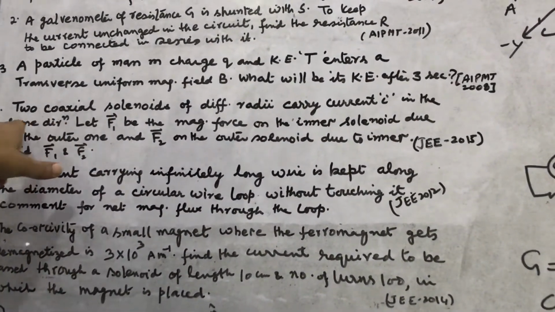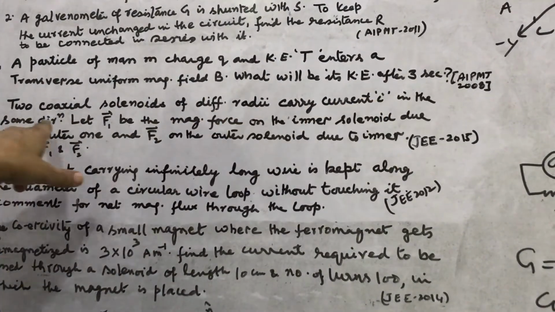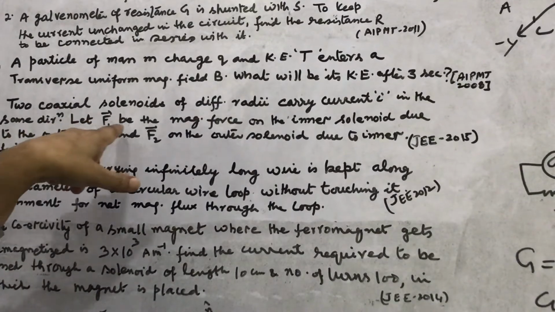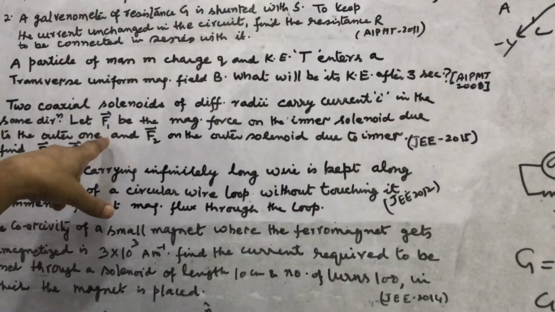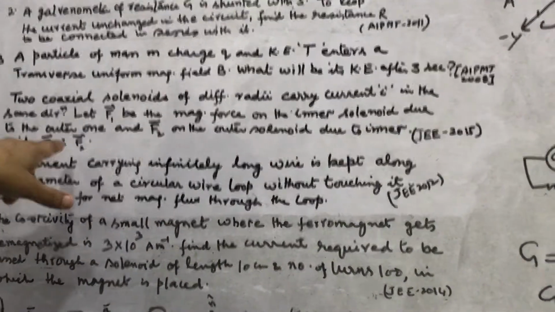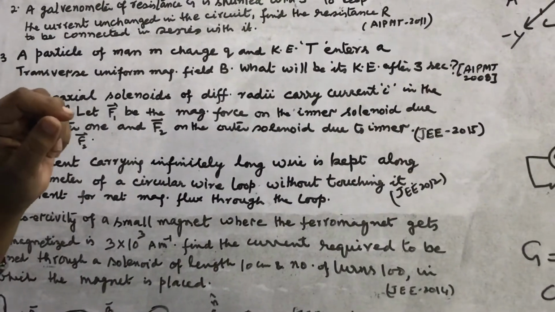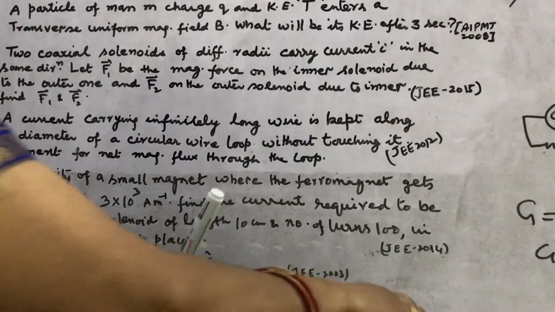Fourth is, two coaxial solenoids of different radii carry current I in the same direction. If F1 is the magnetic force on the inner solenoid due to the outer one, and F2 on the outer solenoid due to the inner one, find F1 and F2. Look at it as per the question. What is given here?